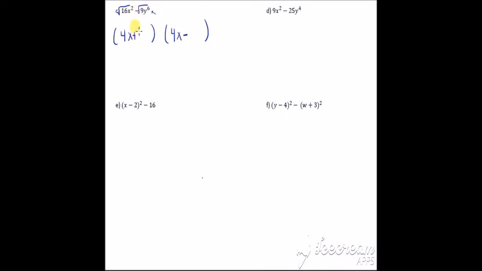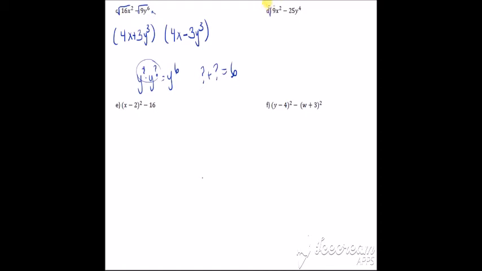Well, we know the root of 9 is 3. And if we think about y to the what times y to the what is going to equal y to the 6, well, we know that with exponent laws, we're going to actually add these. So what plus what will equal 6? Well, it's going to be 3. So this is y cubed. And that's it.